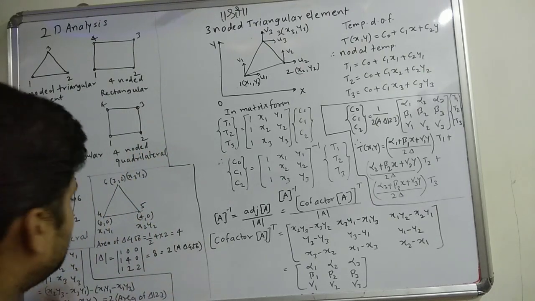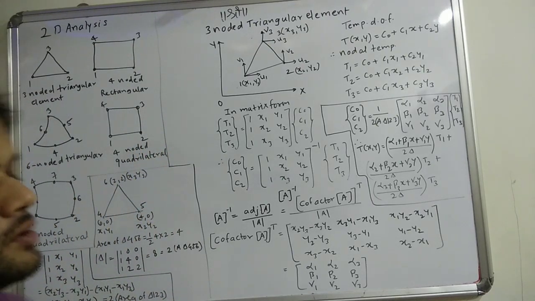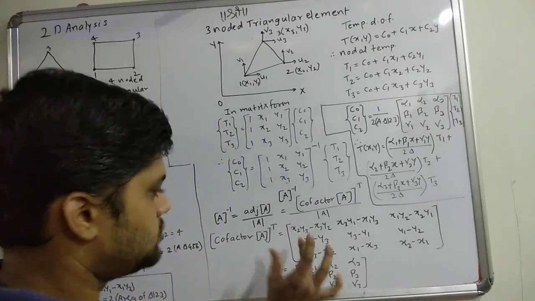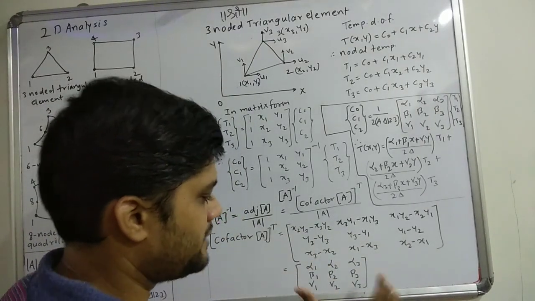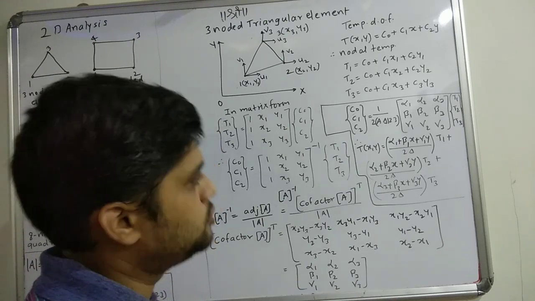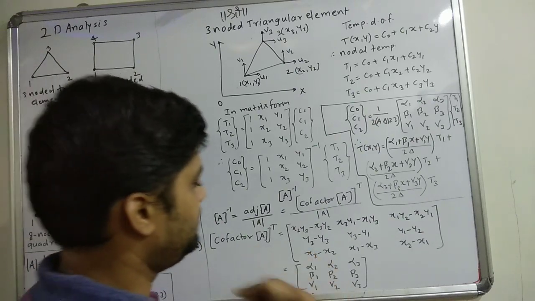So, having said that, the determinant is twice the triangle area. So I have this cofactor transpose divided by 2 times the area of the triangle. I will rearrange the terms.